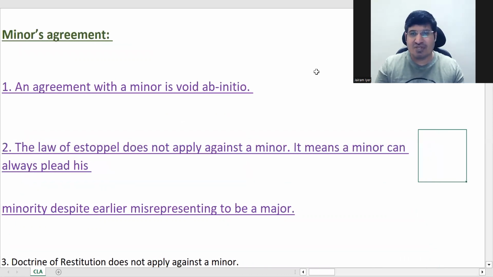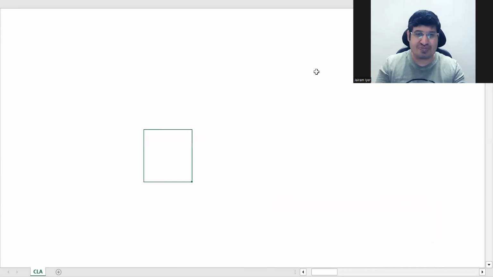So for a minor, there are lots of protections under the contract, which is why you should be very, very careful before dealing with a minor. All the laws will favour the minor.